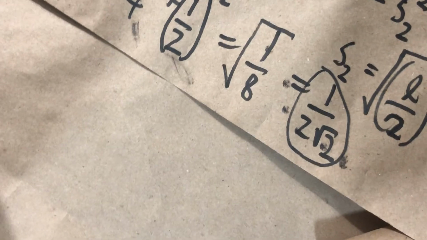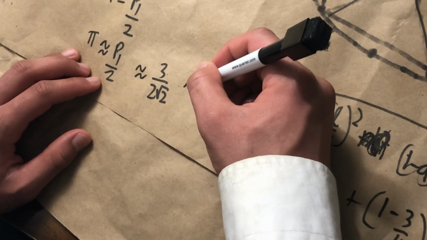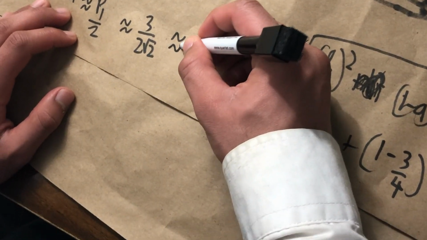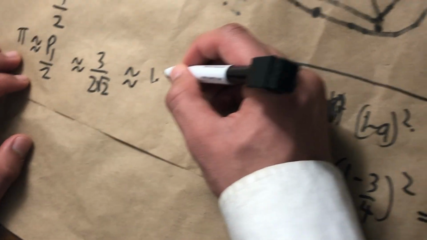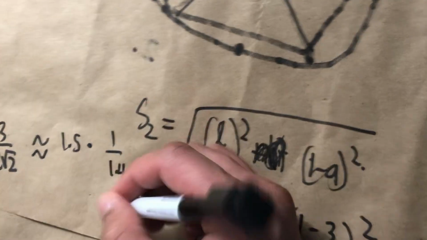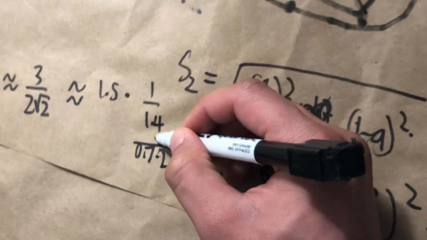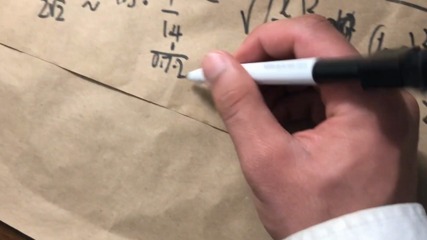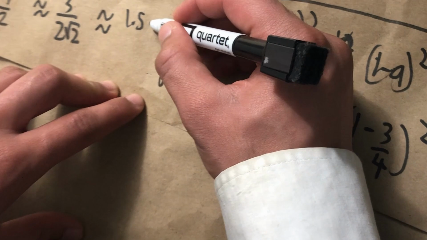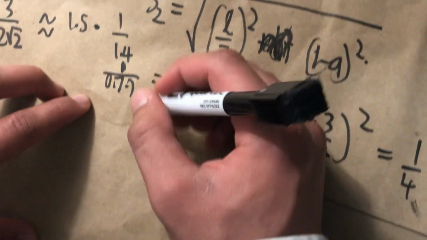And then we get 3 over 2 over 2, which in this case should be approximately equal to 1.5 times 1 over 1/4, or just simply 0.7 times 2 over 1, and that should be exactly 4.